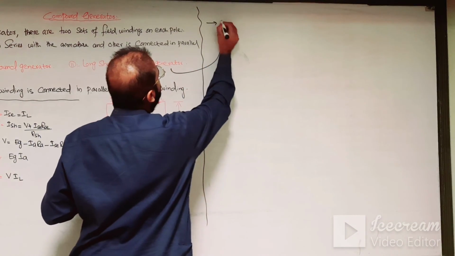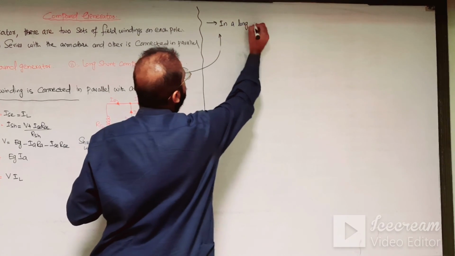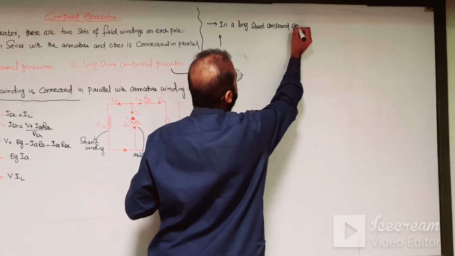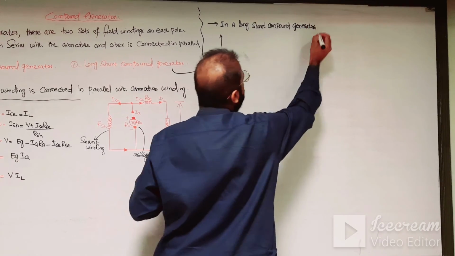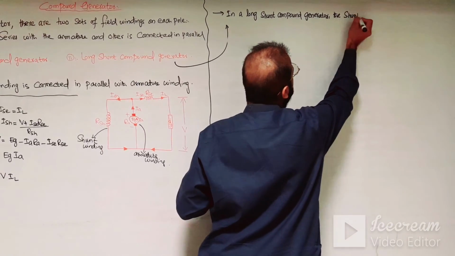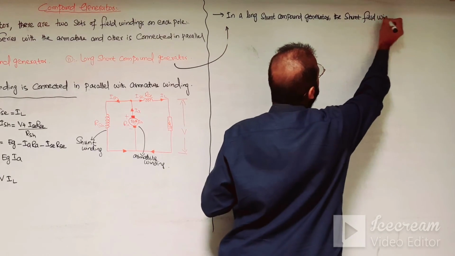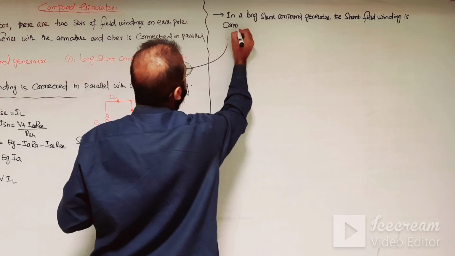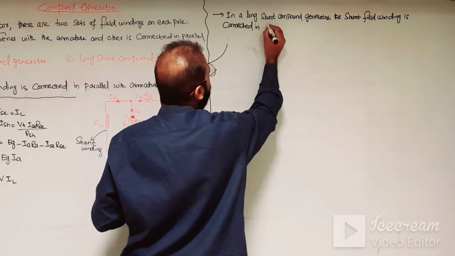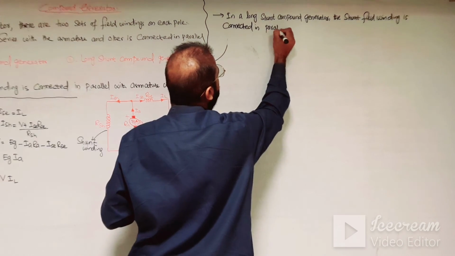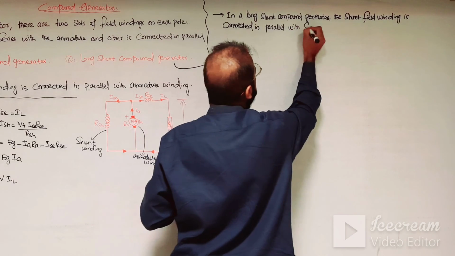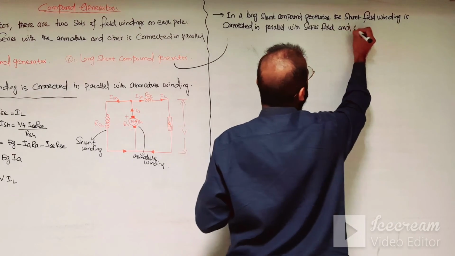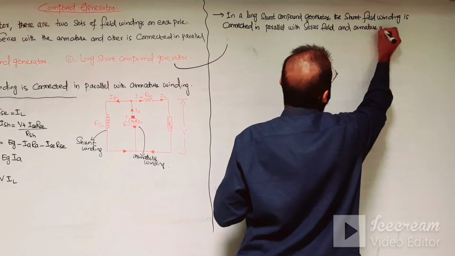Now in a long shunt compound generator, the shunt field winding is connected in parallel with the series field and armature winding.